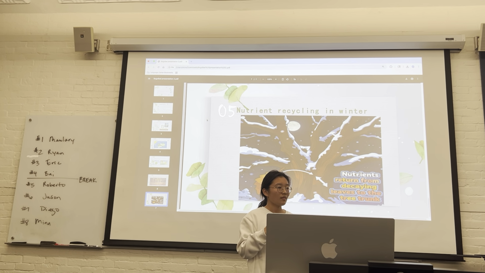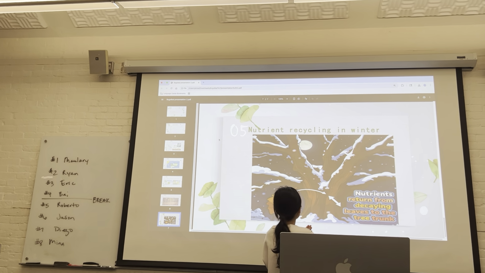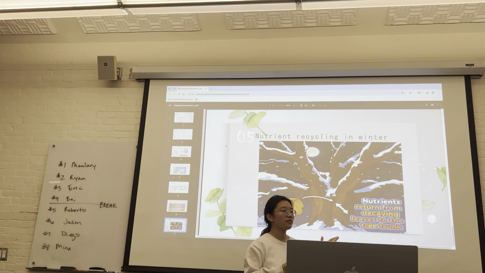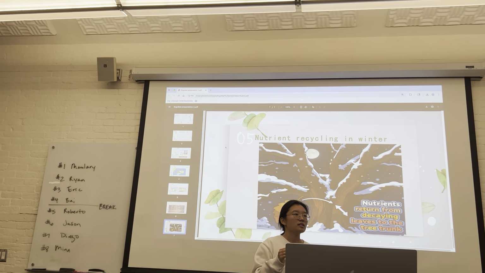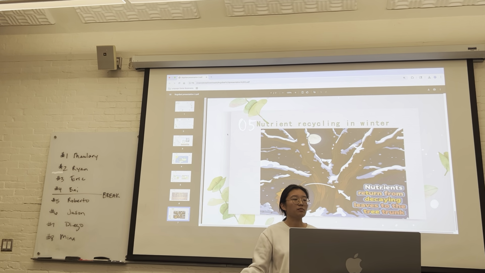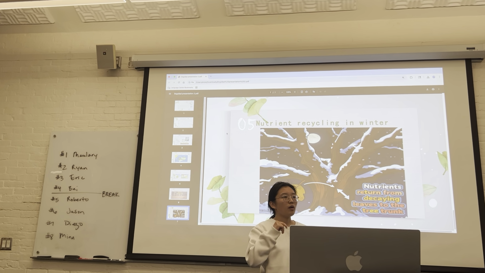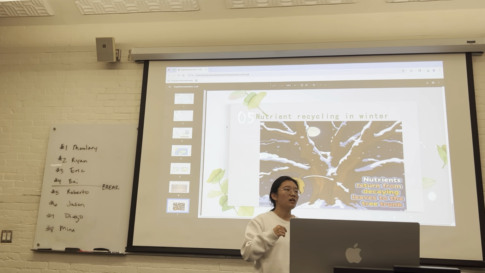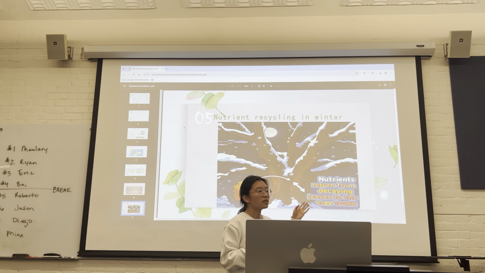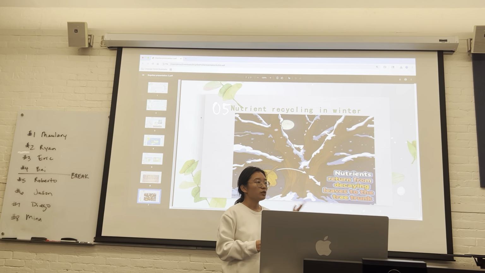So if the trees didn't recycle the nutrients like the hydrogen or other elements that they extracted from the soil in the early period of the year, it would be a very wasteful process.